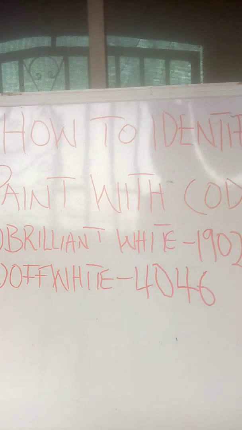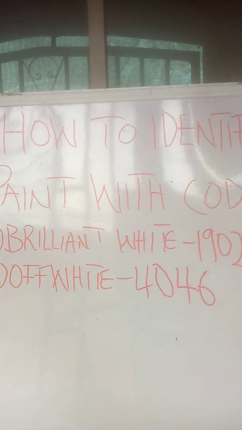The seller might not open up the paint while you are there. The seller will only identify the paint with the code or the name. So when you tell the seller that you need 1902, the seller gives you brilliant white paint, and when you get back home, what you discover is brilliant white paint instead of off-white.